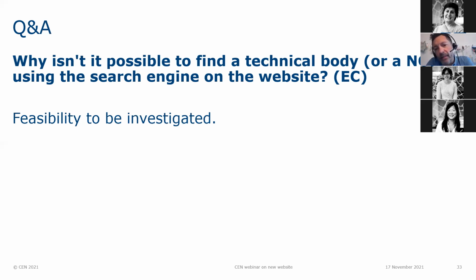And all the dynamic pages, so all the pages that you are using to search on technical bodies, national committees, or on standards, are provided through another technology, an Oracle technology called Oracle Apex. And those two technologies are clustered.